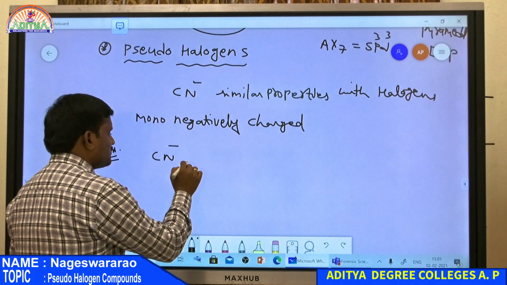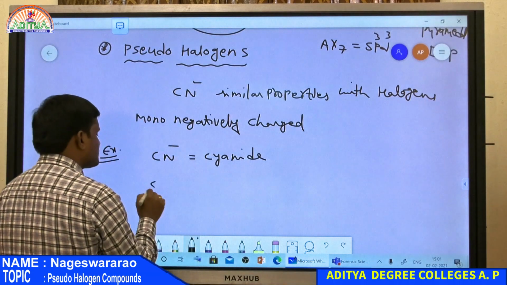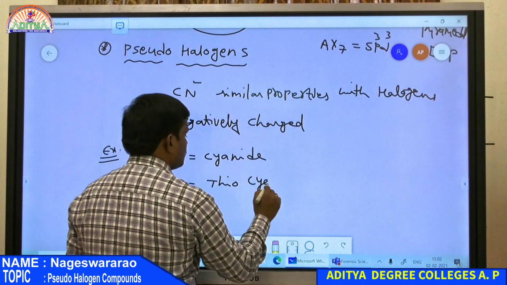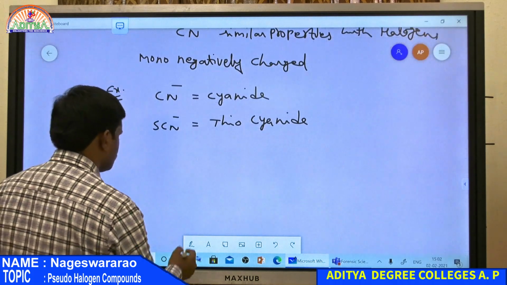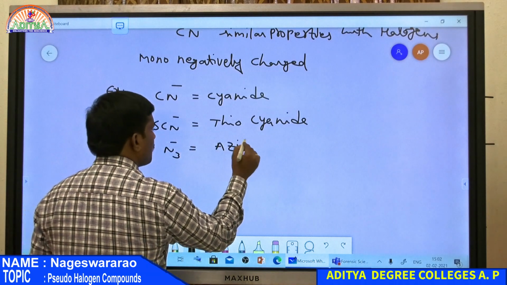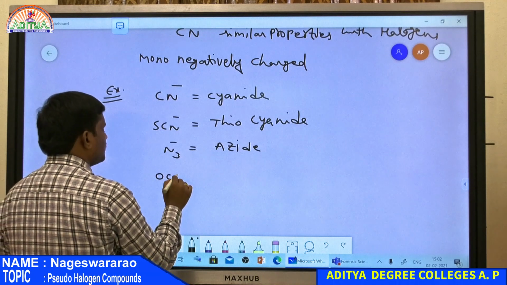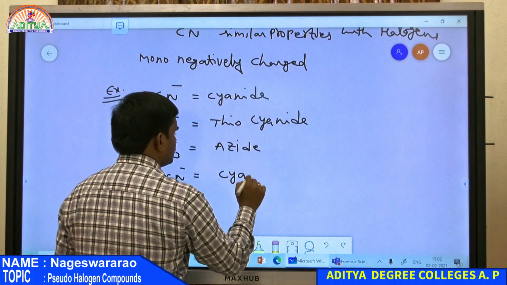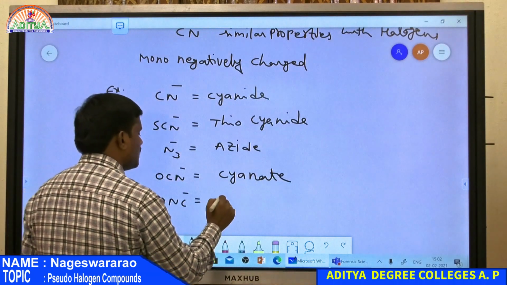So examples: first one is cyanide, the second one is SCN minus, thiocyanate, next one is N3 minus, this is nothing but azide, and next one is OCN minus, this is nothing but cyanate, and also ONC minus, this is known as isocyanate.